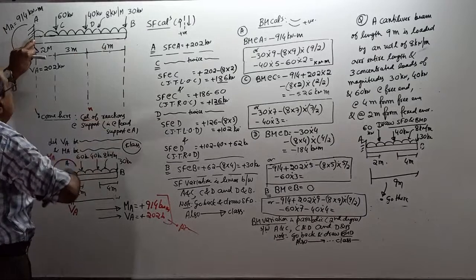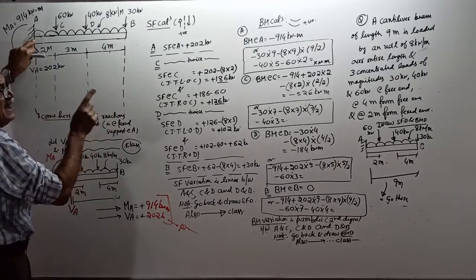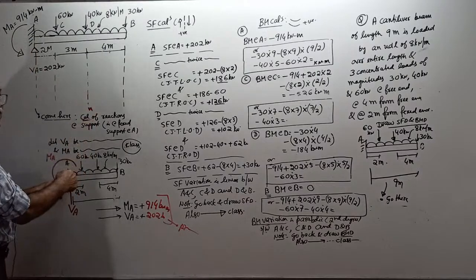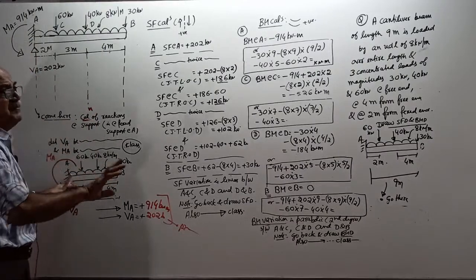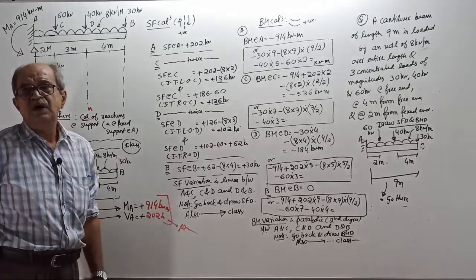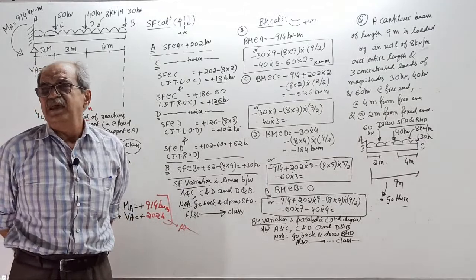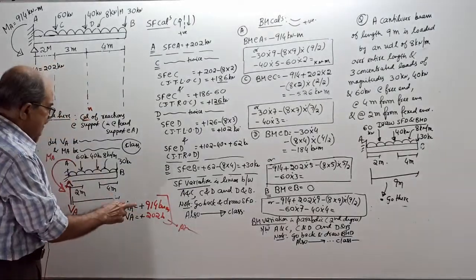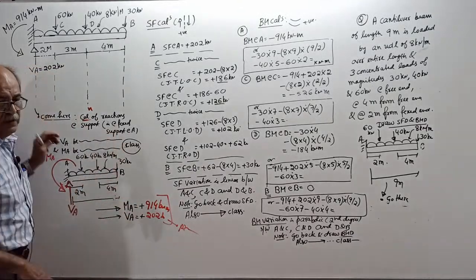All of that is clockwise. Your reaction means equilibrium, so you have to see the full beam. Then minus MA equal to 0. MA will come plus 914. Sigma V equal to 0 gives VA. Therefore, we get MA and VA.